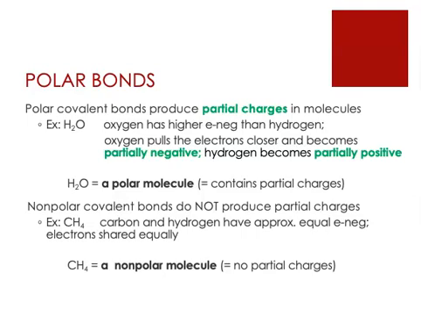The oxygen pulls the electrons close and farther away from the hydrogen. The oxygen pulls the electrons in and becomes partially negative. The hydrogen is now farther away from the electron pair and becomes partially positive.